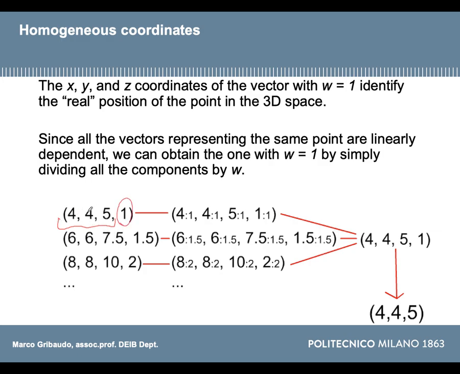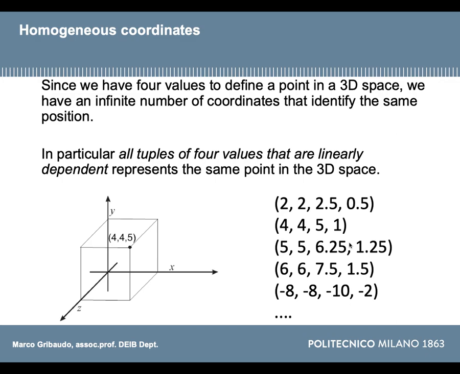So if we divide 445 by 1, we obtain 445. If we divide 6, 7.5, we divide it by 1.5, we obtain again the same value. If we divide 8, 10 by 2, we again obtain 451, and this might even be negative.